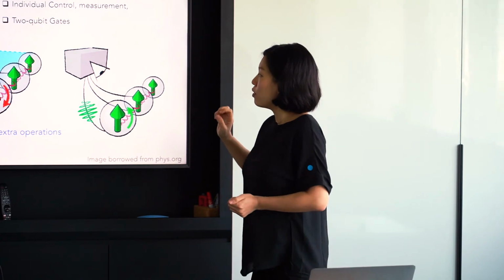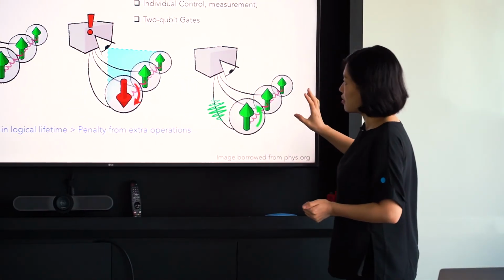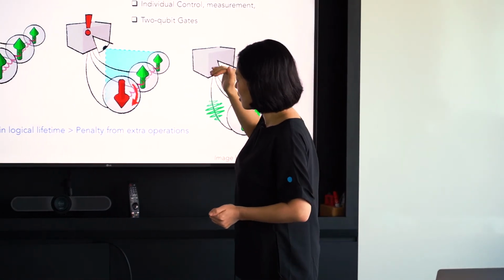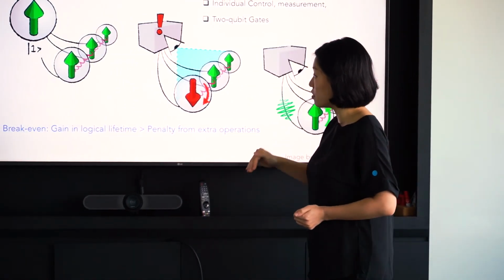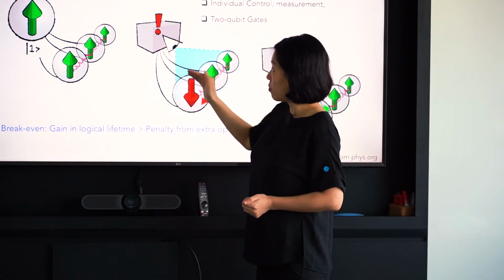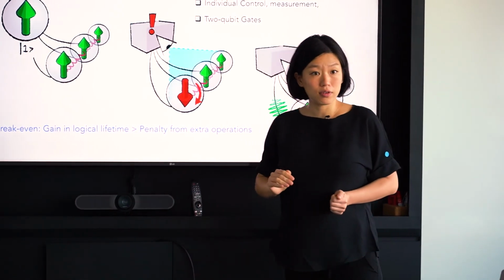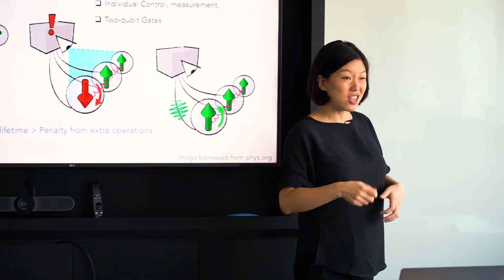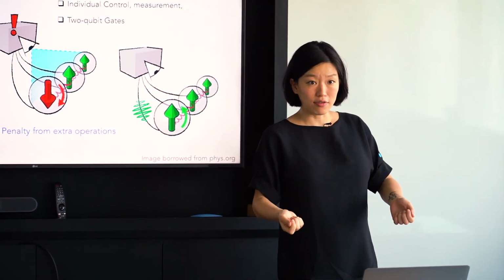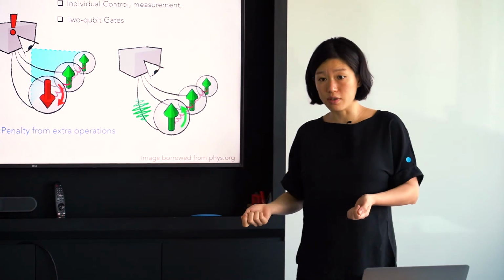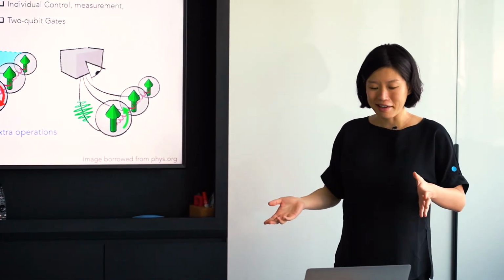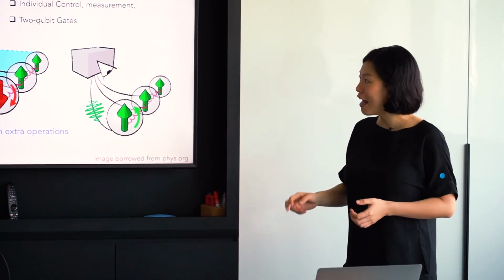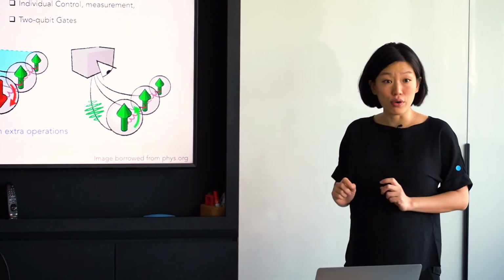It's only when all of this overhead stops imposing such a high penalty that quantum error correction becomes useful. So this break-even point is to say that we can actually gain some extension in the lifetime, in how long we can preserve this information, by doing more. And this is actually a very hard thing to achieve because of the extra work we have to do and all the penalties that they impose on our system.